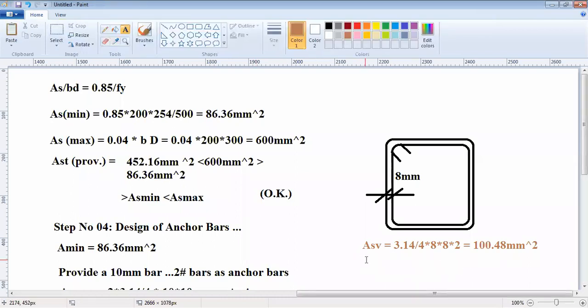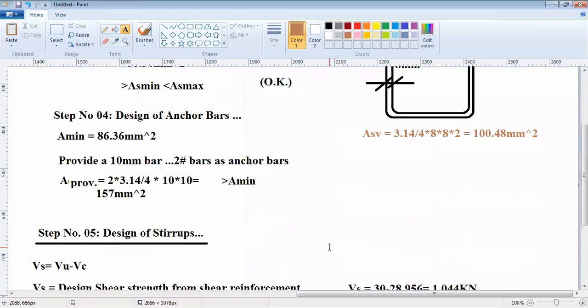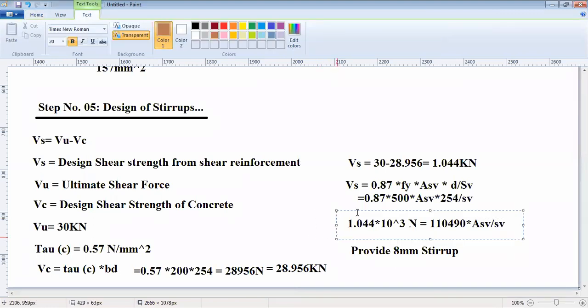Now ASV we have got. Now this will decide the spacing from this equation.